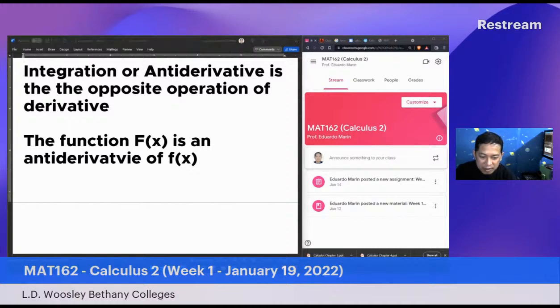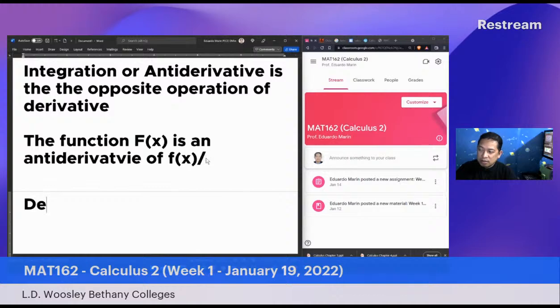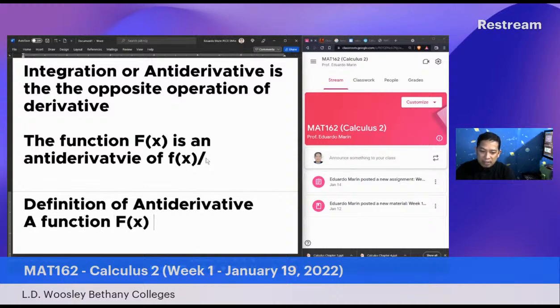Of course, there is a specific interval, no? There's a specific interval for the function. So, by definition, the formal definition of antiderivative: a function capital F of x is an antiderivative, meaning there are a lot of antiderivatives, on an interval, no?